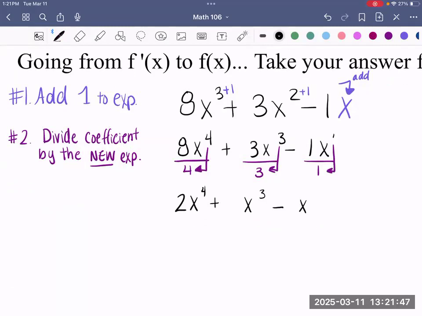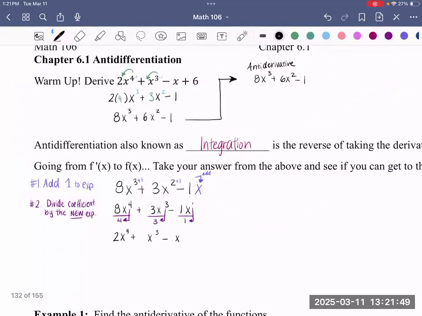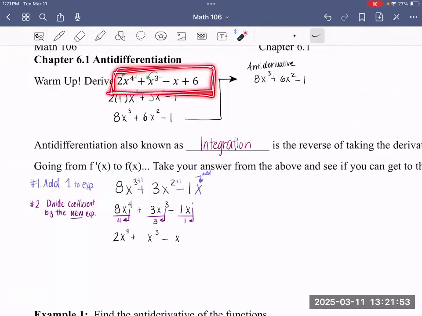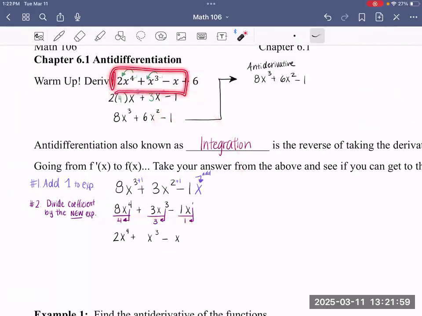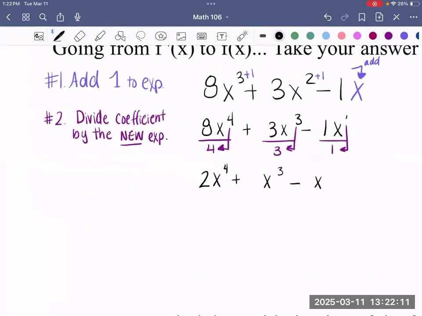Your last thing is to compare. Notice that we started with this, and we derived, and going backwards, notice that we got all the way to these first 3 terms. So then how do we get this plus 6? Well, we're never going to achieve that plus 6 right off the bat. We're going to talk about what to do later.